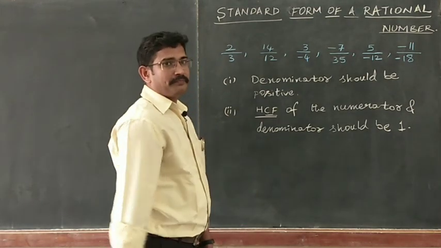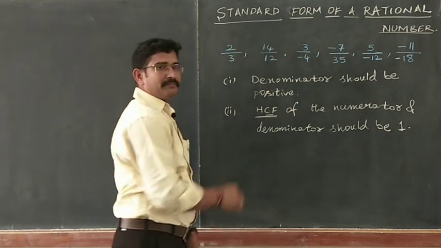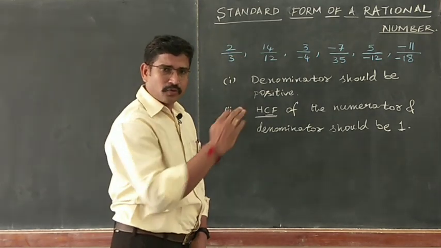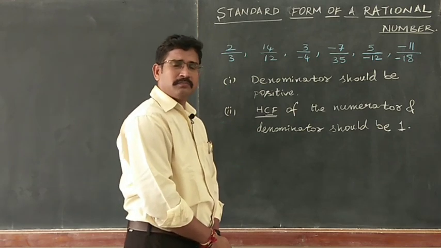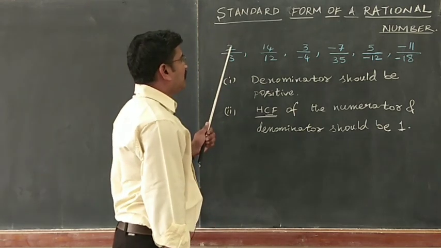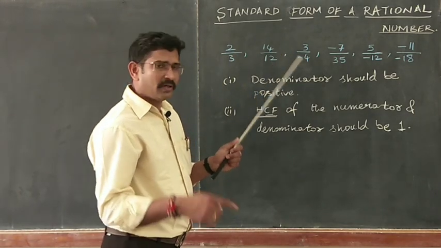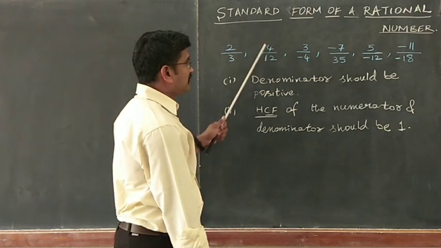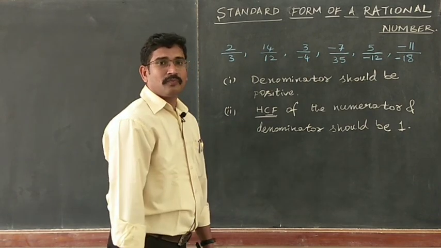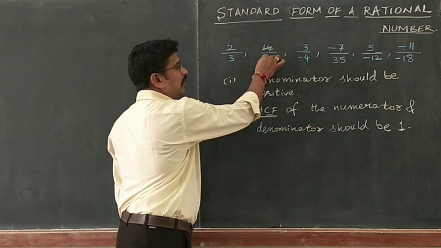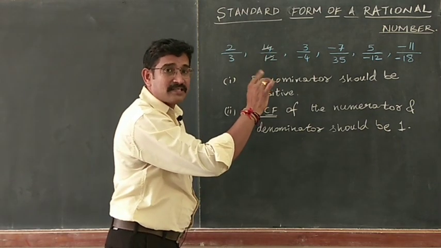For example, 2 and 3. Can I do any further simplification by cancelling both 2 and 3? No. Here the HCF of 2 and 3, the common factor of 2 and 3, is 1. So, it cannot be further simplified. But in this example you can: here 14 and 12 have an HCF of 2.